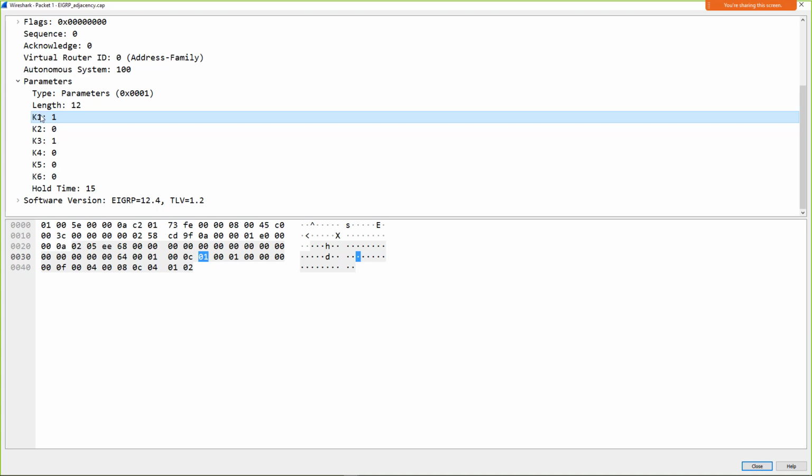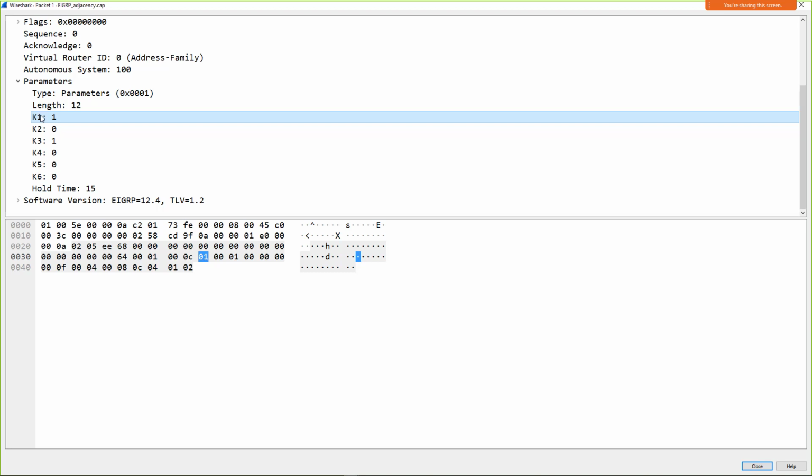So the K value is used, and we'll see this in the next section, as a multiplier against a component of the metric. K1, for example, is tied to the bandwidth element within the EIGRP composite metric. And so I can place more weight on the bandwidth component of the metric as opposed to the delay component by changing the K1 value.